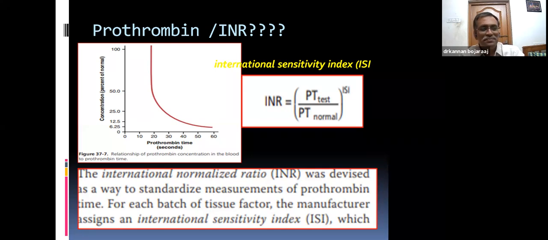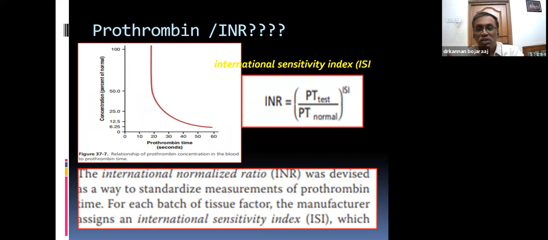Anybody have any idea? No. So blood is taken from the patient. They will add oxalate, and more thrombin. Why do they add oxalate? Oxalate is an anticoagulant, so prothrombin cannot be changed into thrombin. That is why they are adding oxalate immediately.